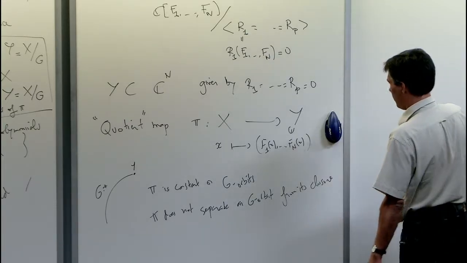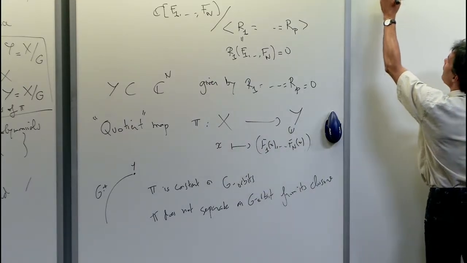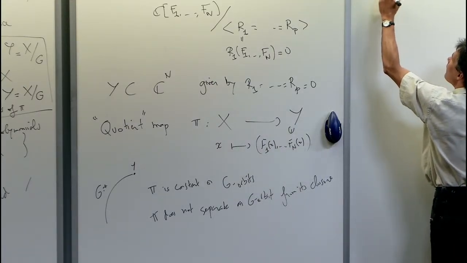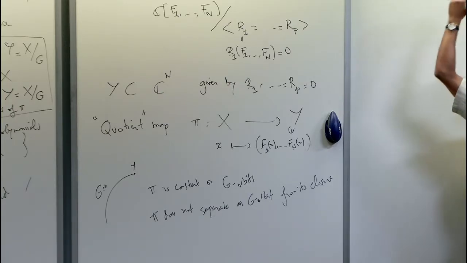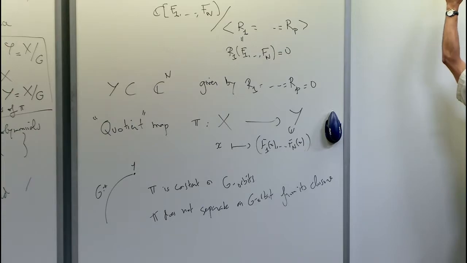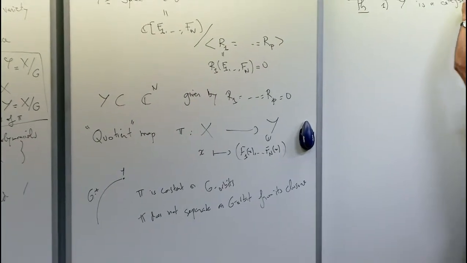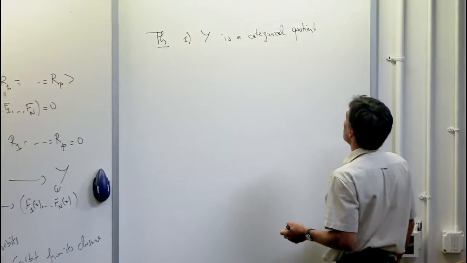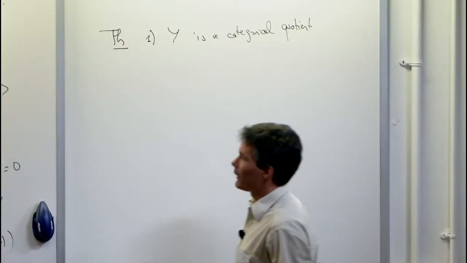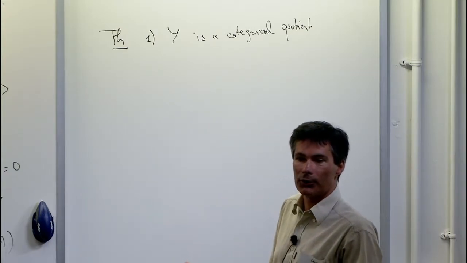So it's still a good construction. Maybe I could state that as a theorem. I want to be technical, but the traditional terminology is that Y is a categorical quotient. I will tell you what it means. Categorical quotient means that you cannot do anything better in this situation.